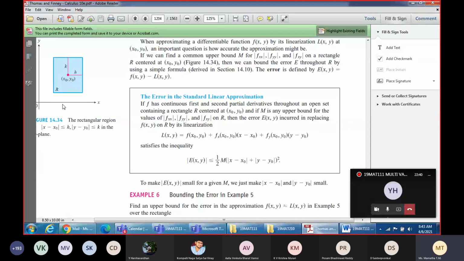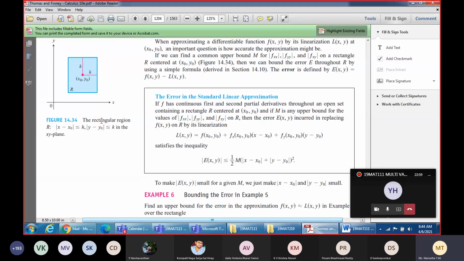So if I go on giving different values for x, there can be changes found. That will be in the horizontal direction along the x axis. I can change the value of the function f of x comma y in the vertical direction too. That is the k values. If I go on giving them, the values of the function will be changing in the vertical direction along the y-axis.